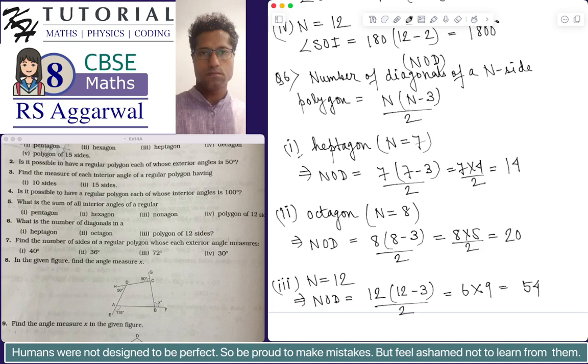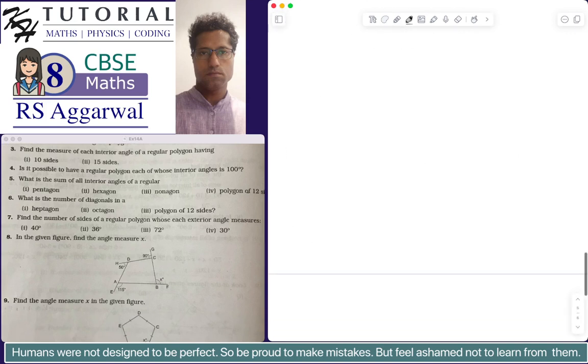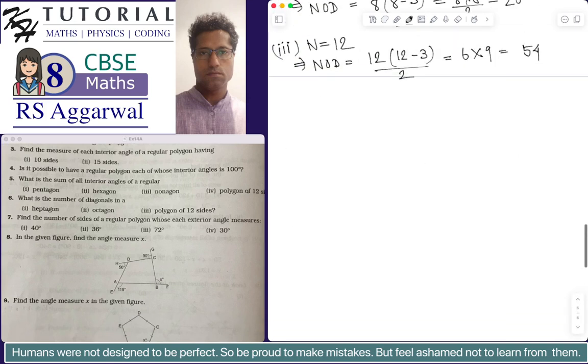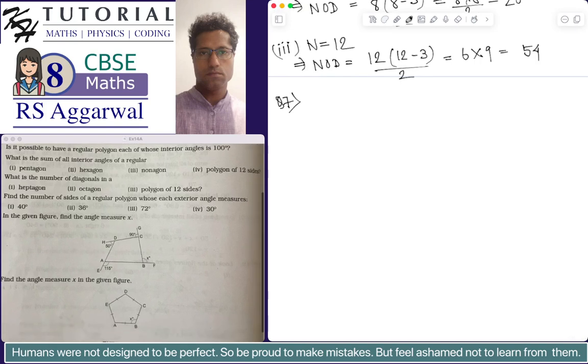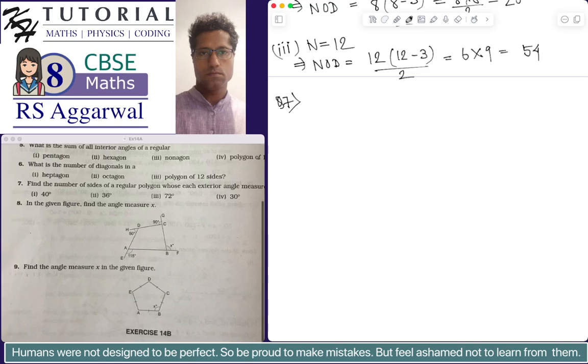Let's do question number 7. Find the number of sides of a regular polygon whose each exterior angle measures the given value.